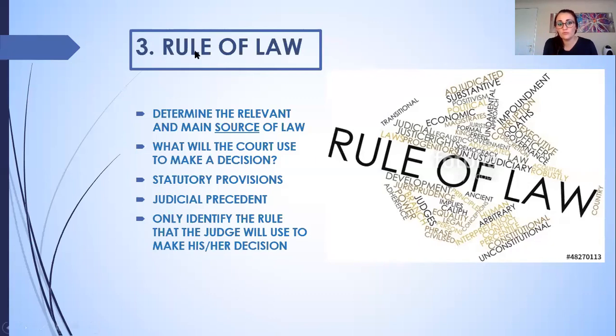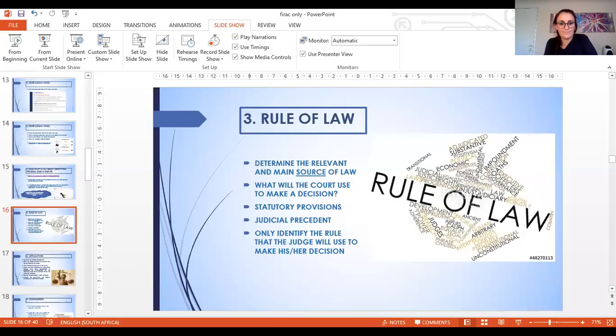What are the rules? Normally we'll have a look at the judgment and we'll see where's case law. What is the act that is referred to? Now, the reason why they refer to acts, like I said in the very beginning, is when we have a specific act, for example, the Road Accident Fund Act, they will have a section where they define what a motor vehicle is, for example.